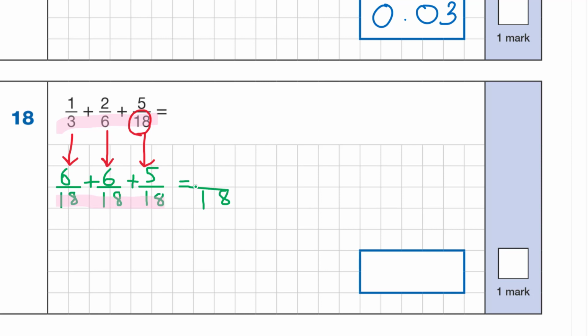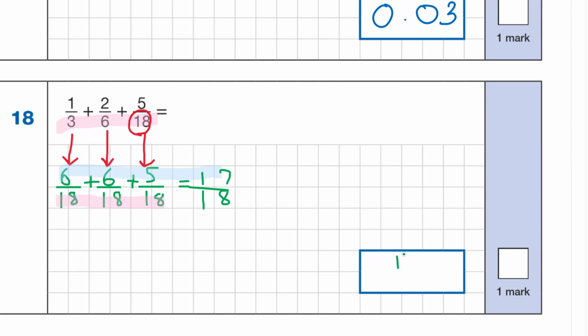And then all we need to do is to look at our numerators now, and we're going to add along the top here. So we're doing 6 plus 6 plus 5. 6 plus 6 is 12, plus 5 is 17. Okay, we have a proper fraction here. The numerator is smaller than the denominator, so we don't need to do anything else.